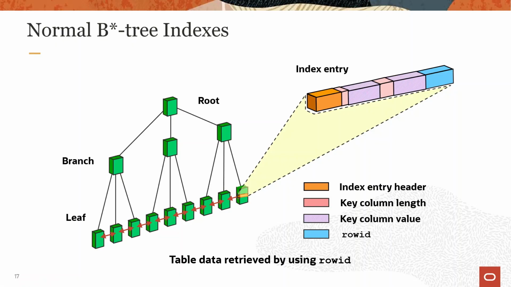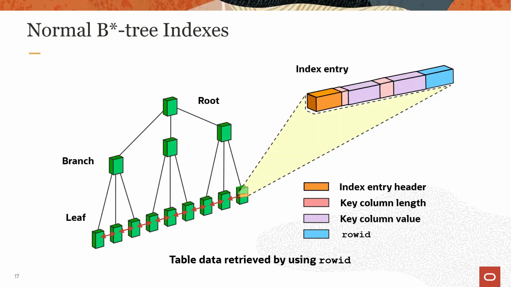The leaf blocks contain all values of the column being indexed, plus the row IDs that point to the rows in the associated table segment. The leaf blocks are interleaved with each other. This means that previous and next block pointers connect the leaf blocks so that they can be traversed from left to right and vice versa.